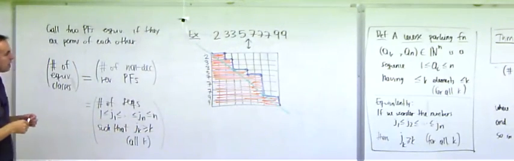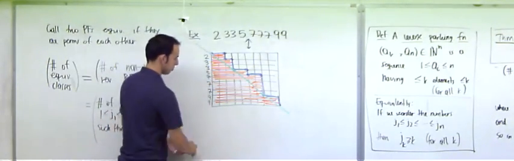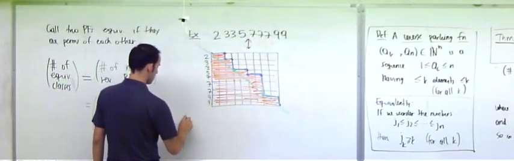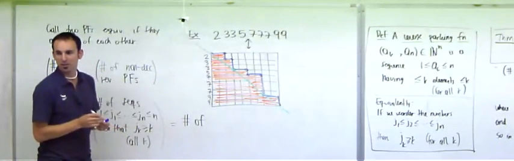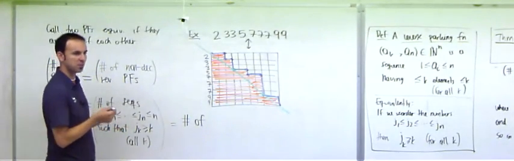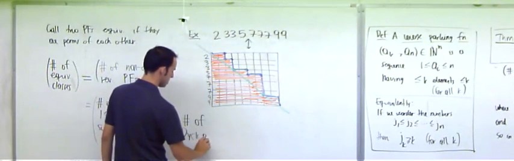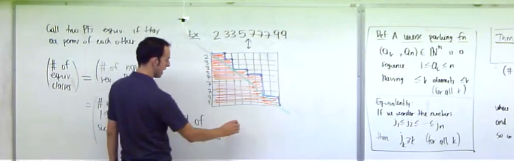And so really what you're counting is the number of such paths. If you've taken some combinatorics class, you must have seen this. These are called either Dyck paths or Catalan paths, and the answer to this is the Catalan numbers.